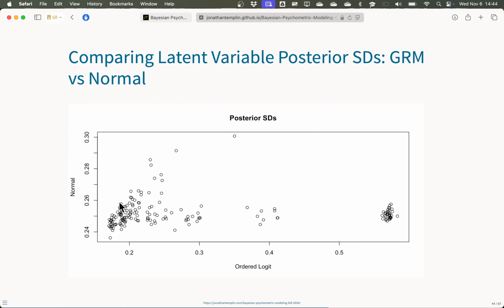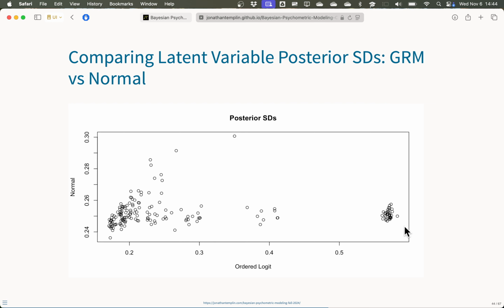Similarly, we can compare posterior standard deviations between the graded response model and the normal distribution. Here, these are posterior standard deviations of theta from the ordered logit graded response model on the x-axis, and posterior standard deviations of theta for the CFA model on the y-axis. You'll note the CFA model doesn't have a wide range of posterior standard deviations, as we expected, but the ordered logit one does, and that's the interesting finding.